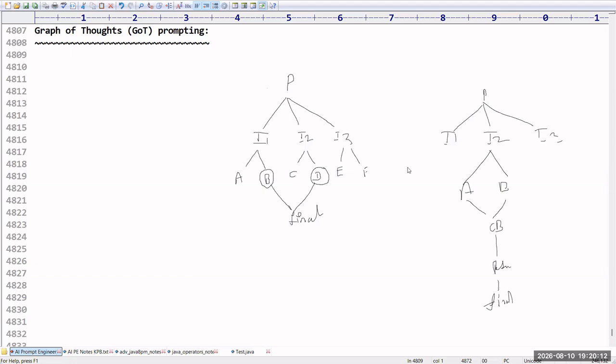Sir, if I want to differentiate tree of thoughts and graph of thoughts, the simple difference is that in tree of thoughts, we explore multiple paths, evaluate all the paths, and choose the best one. In graph of thoughts, you are going to explore interconnected ideas.